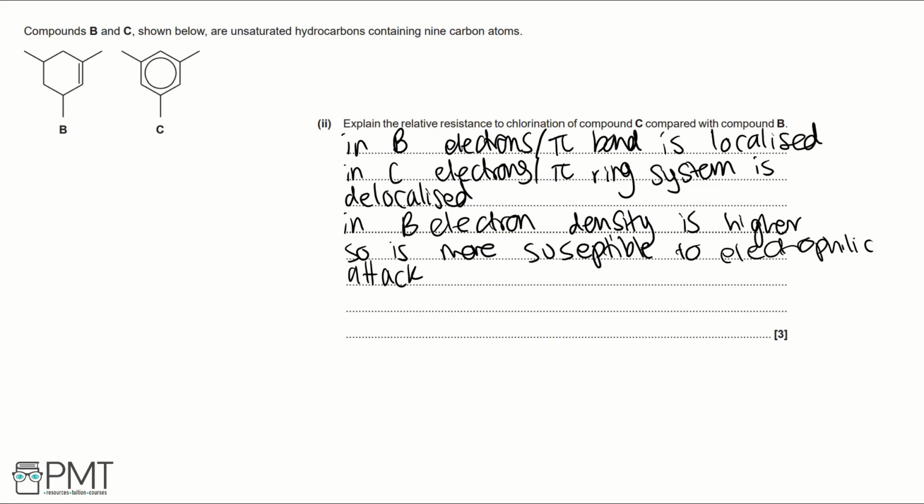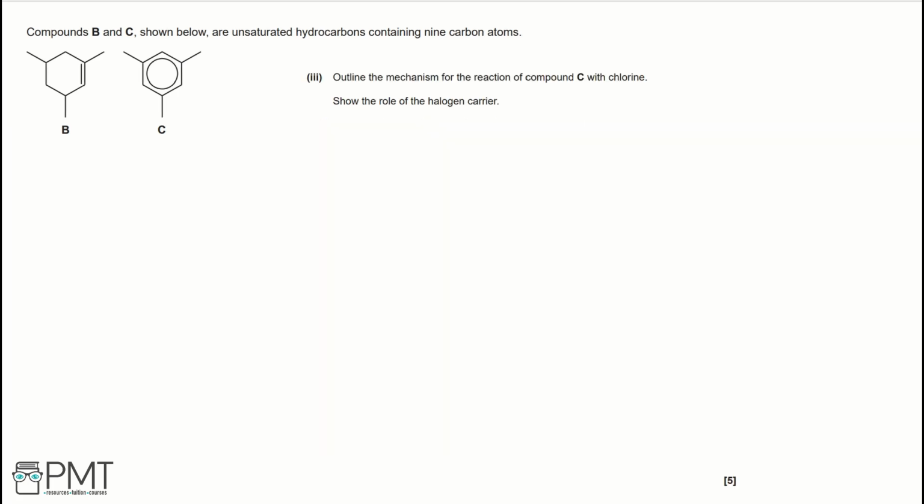Then you get your 3rd mark for saying that in B the electron density is higher and that B is more susceptible to electrophilic attack. But you don't need to say more susceptible to electrophilic attack. They will also accept that B accepts the electrophile more, or B polarizes the electrophile more. And instead of saying the electrophile, you can write chlorine. They will allow that.